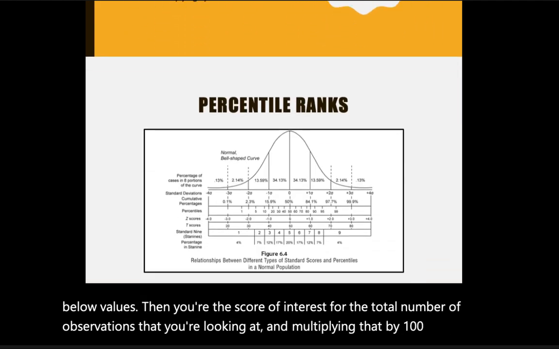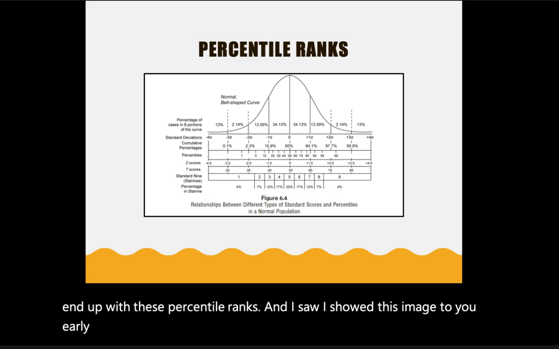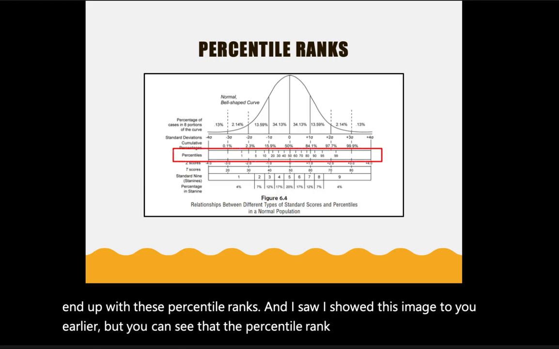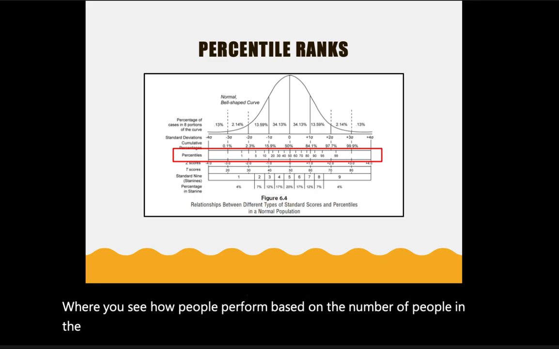And you end up with these percentile ranks. I showed this image to you earlier, but you can see where the percentile ranks fall right here, where you see how people perform based on the number of people in the distribution.